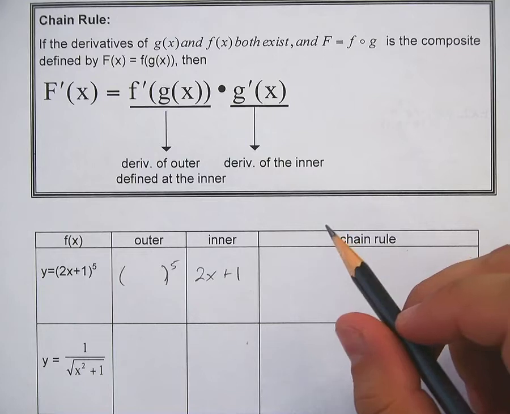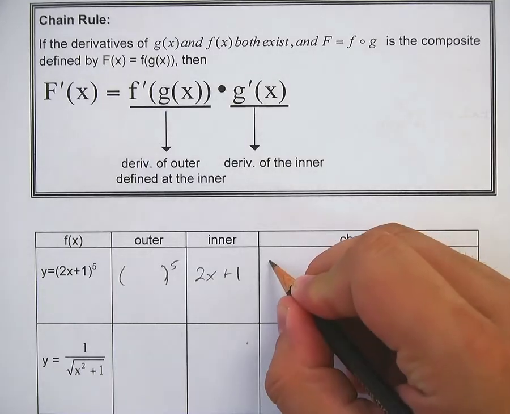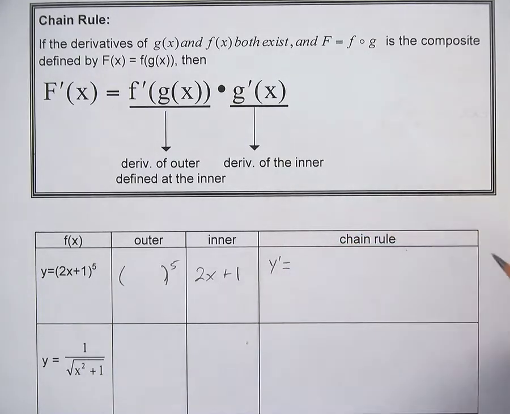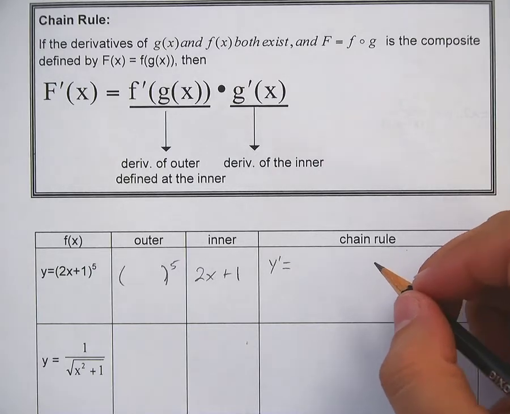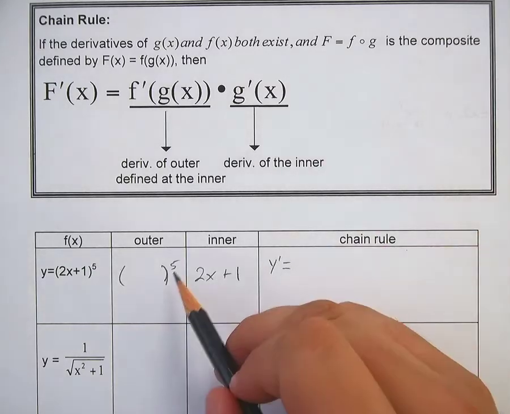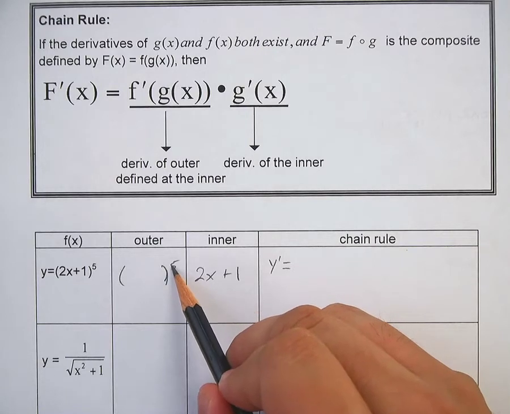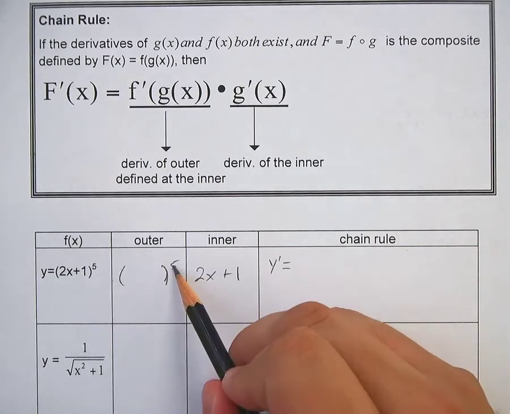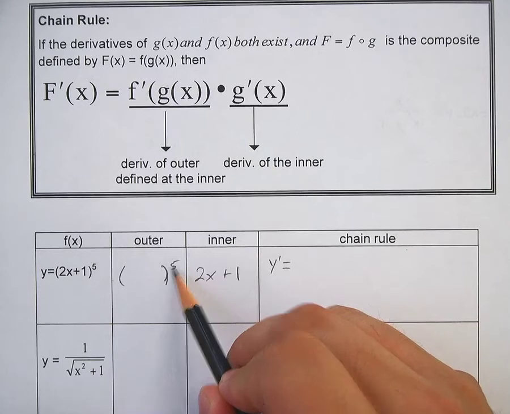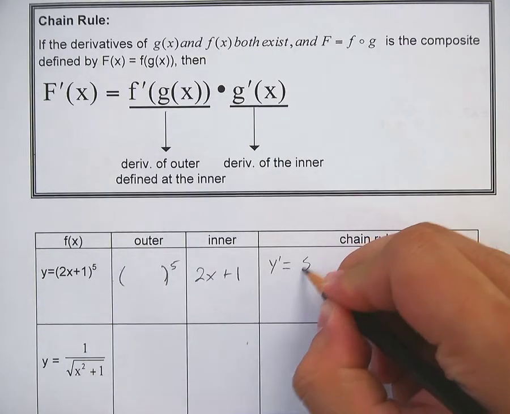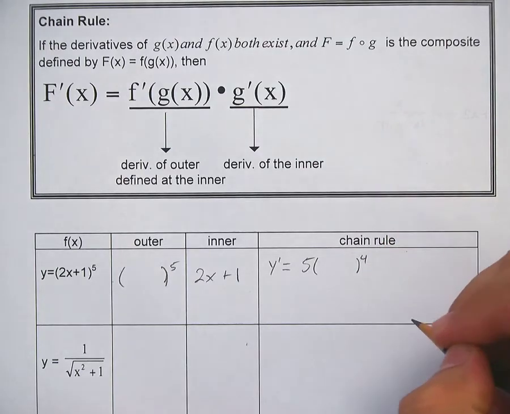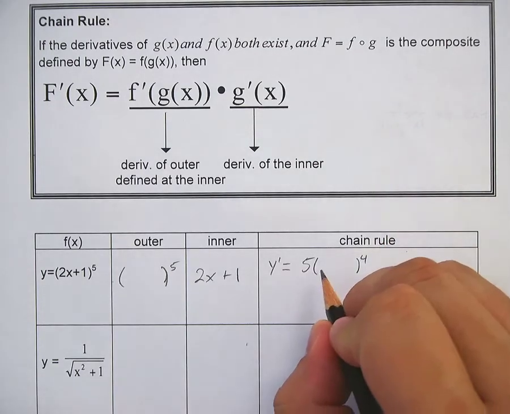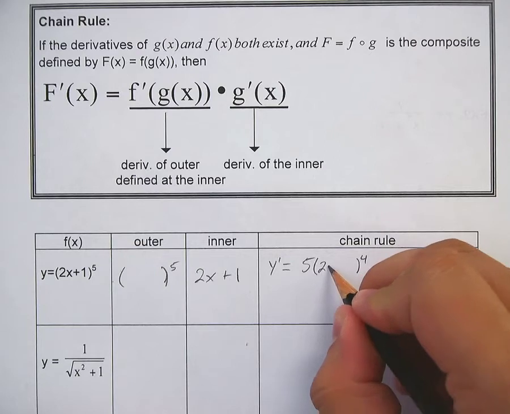So here's what this looks like then. If you've got the derivative here, so you've got y prime is equal to, and it's the derivative of the outside. So if I was just to take the derivative of this, drop your 5, and then take 1 power away, it would be 5 parentheses the 4. The inside stays the same, so the inside is 2x plus 1.